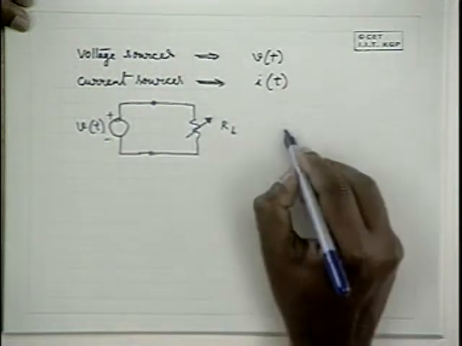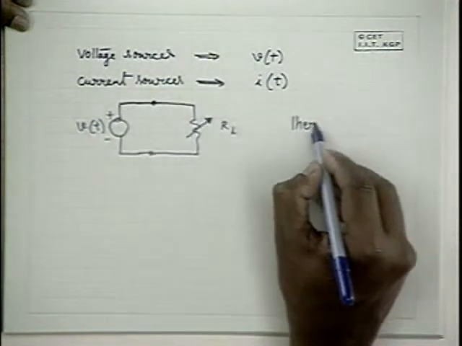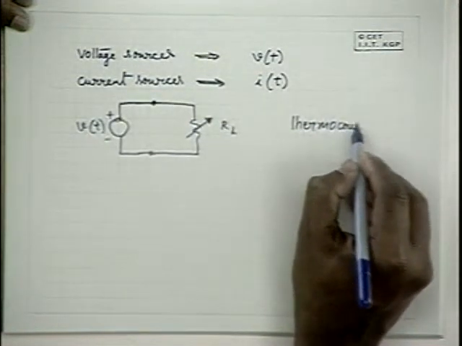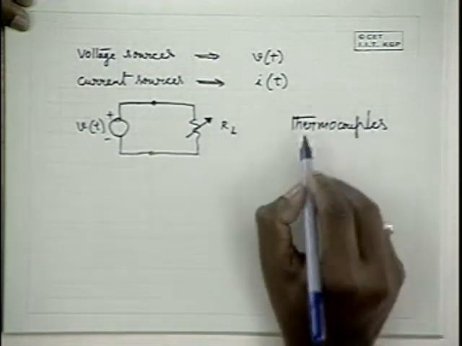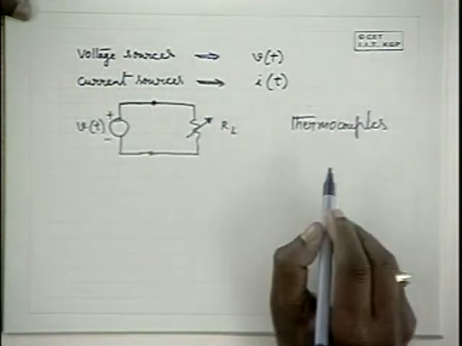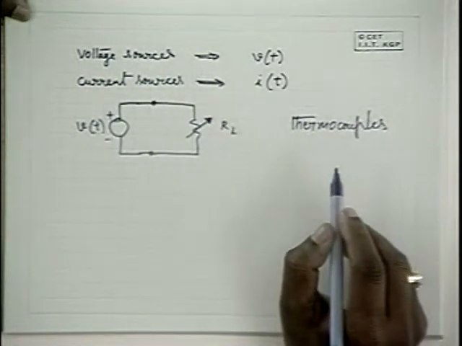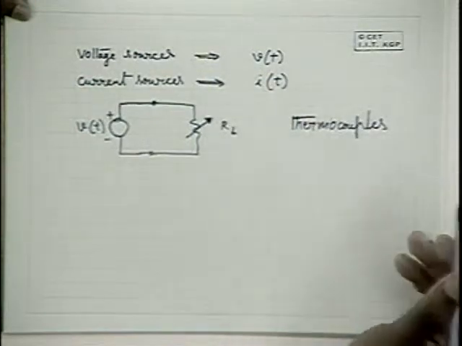We have sources like thermocouples. A thermocouple is a transducer which converts a temperature signal into a voltage signal. If you want to measure the temperature of a furnace, then we use a thermocouple.